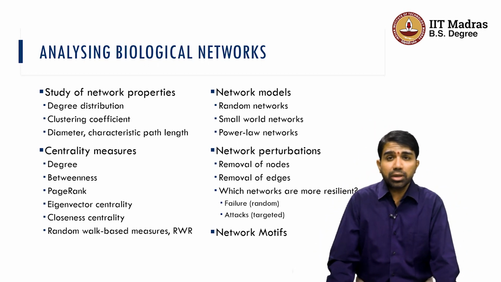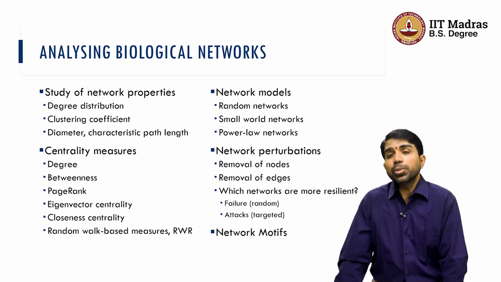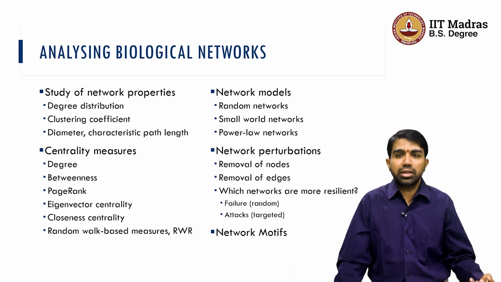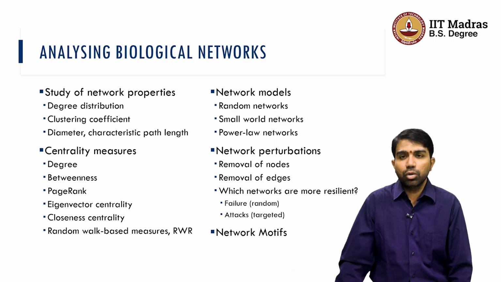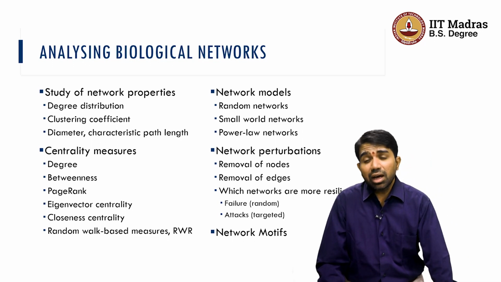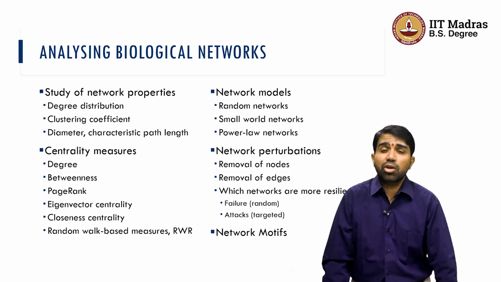And then a very important aspect of studying any network is trying to perturb it. And how do you perturb a network? You try to remove a node or remove an edge, and when you remove a node, you remove all the edges that connect to that node obviously. And what happens to the network when you remove these? For example, are certain kinds of networks more resilient to attacks or failures?